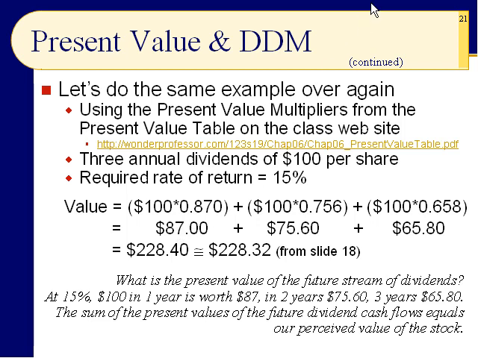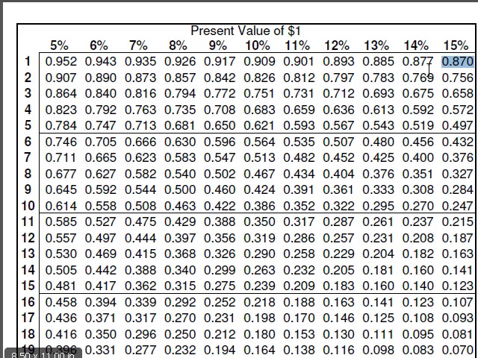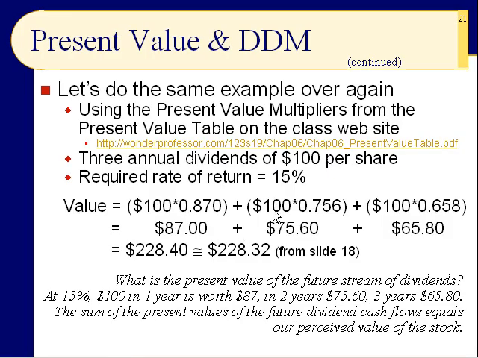Now let's go back to the table for year number 2, and we find the present value multiplier is 0.756. All right, and so that's what we did here. We took $100 and multiplied it times 0.756, and that's $75.60. $100 2 years from now is worth to us today $75.60 if we required 15%.